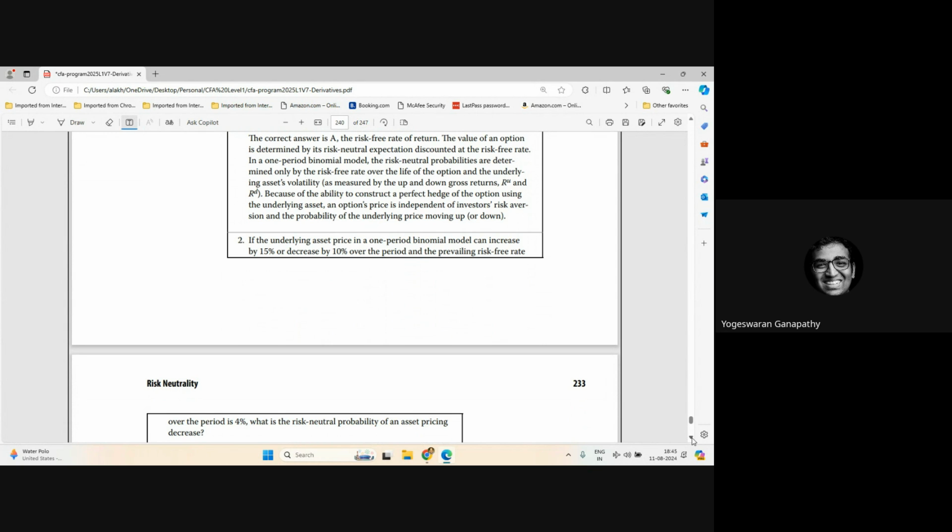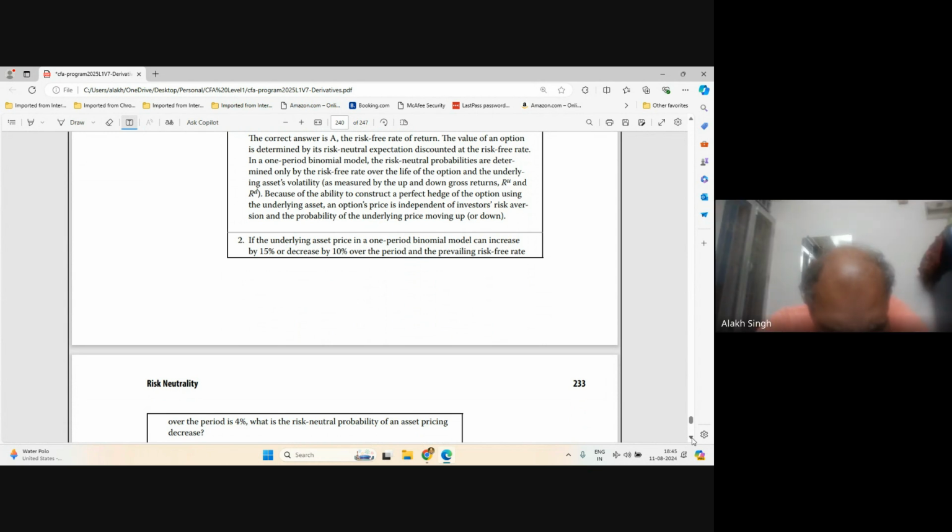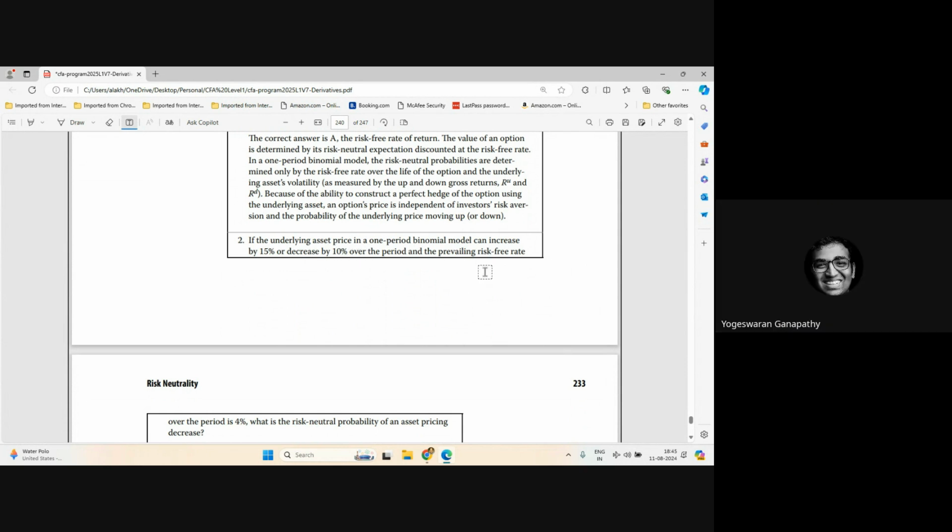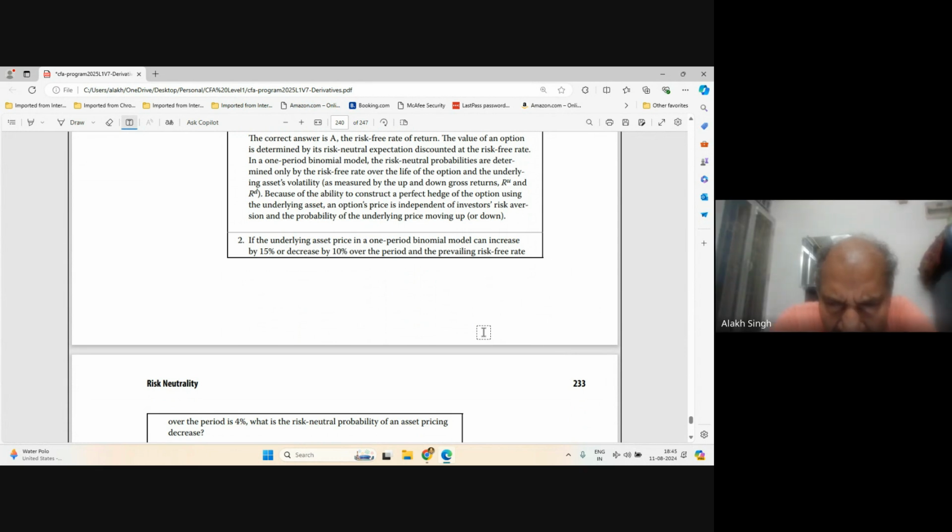Why is it asking about the decrease? So 1 minus pi. Is it asking the formula of pi only? Yes, it is asking the formula of pi only.